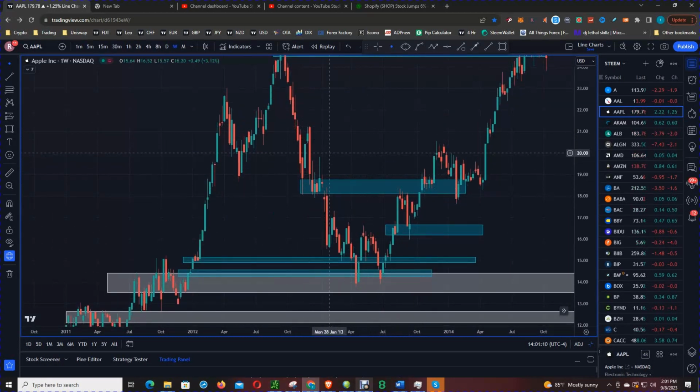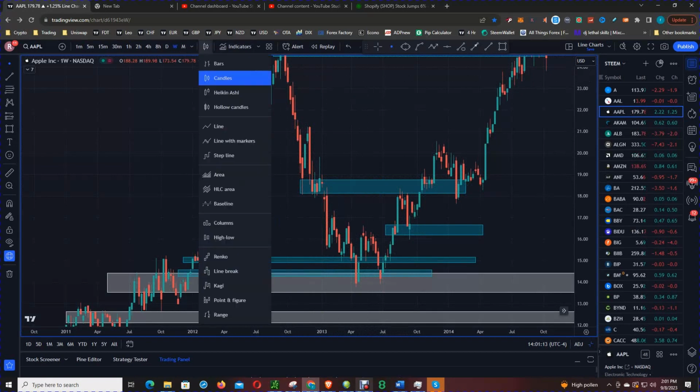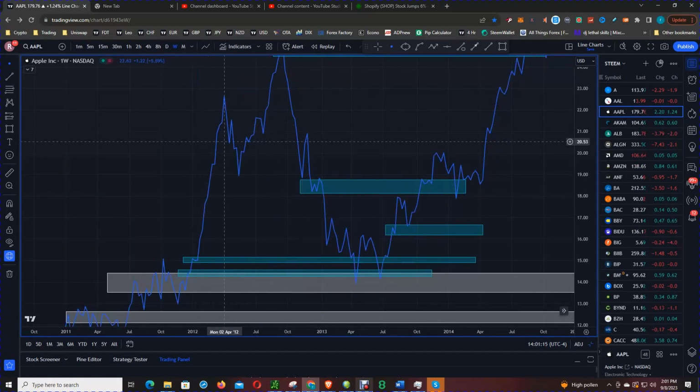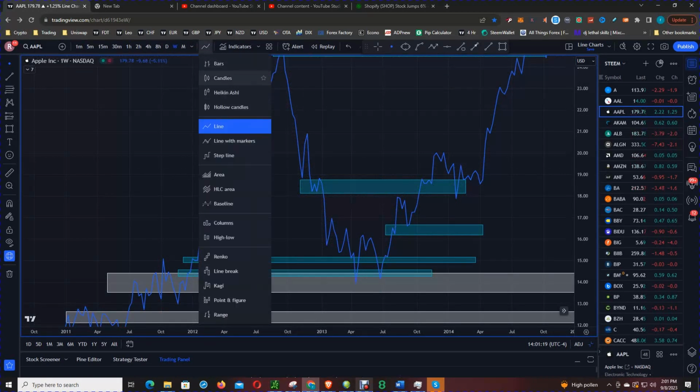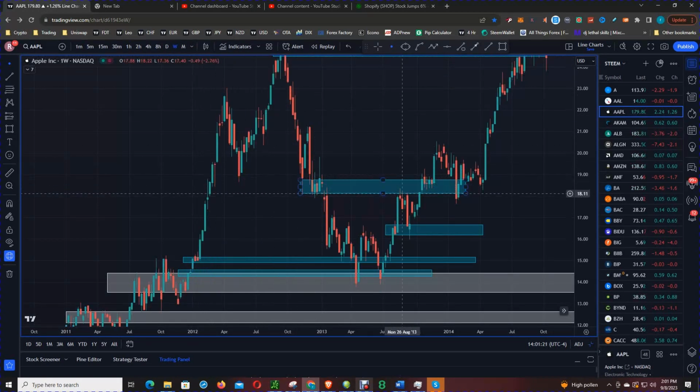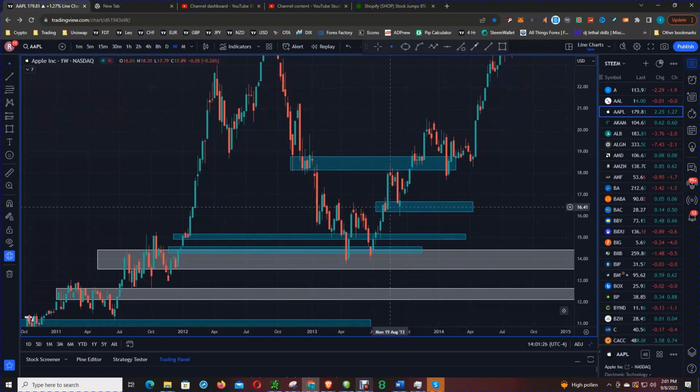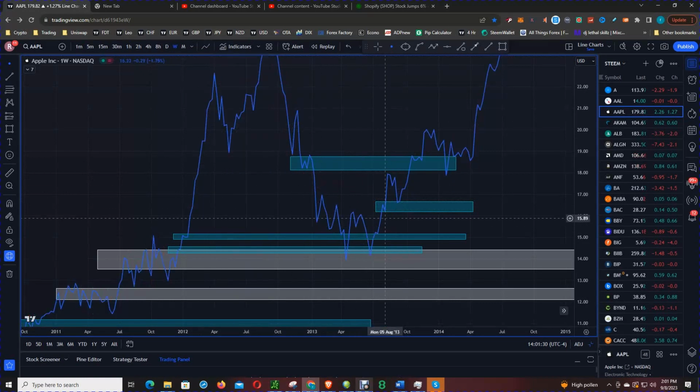This one here, let's put back on the line. This was a drop, base, drop, and that was good for 2.5 to 1. And although this one here, I love the formation on the line chart.